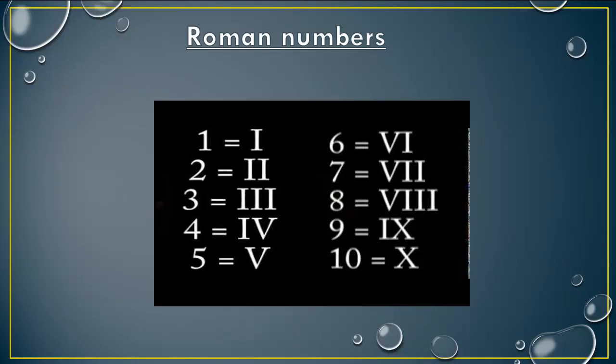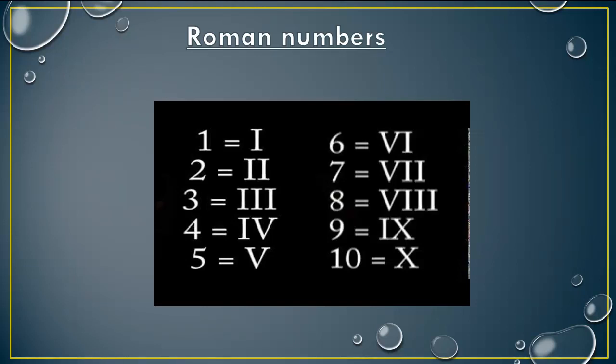Now the Romans combined their symbols to make different numbers. I, V and X symbols were combined in different ways to write numbers till 39. So let's see how they used these symbols to represent different counts.